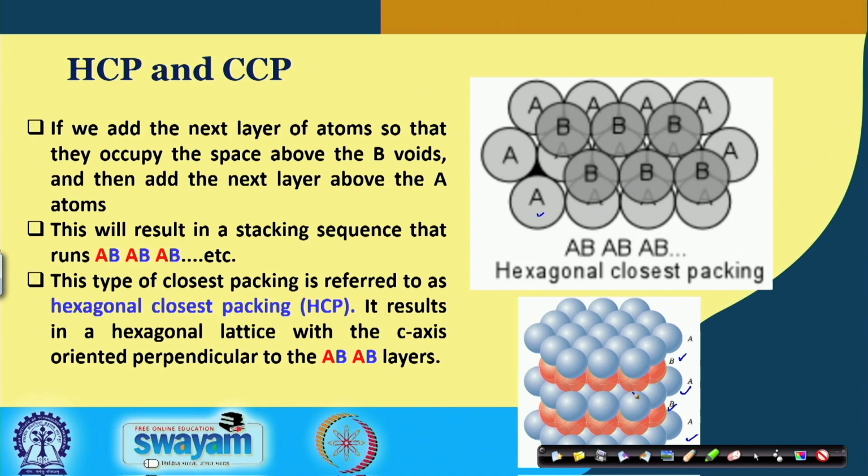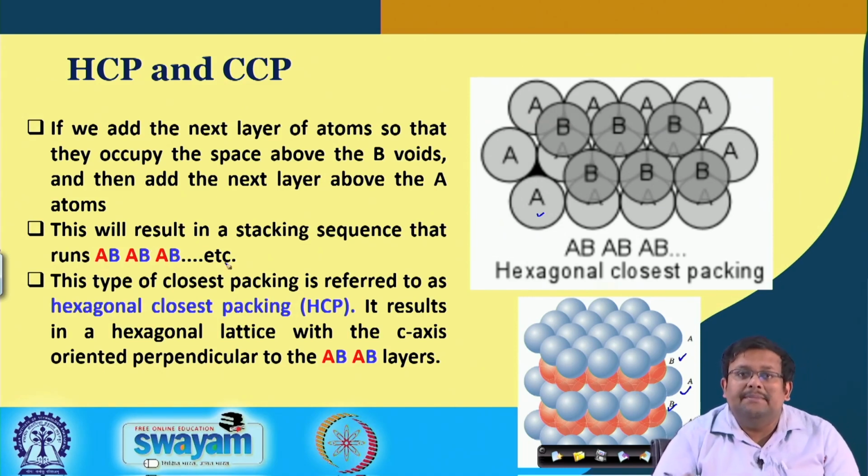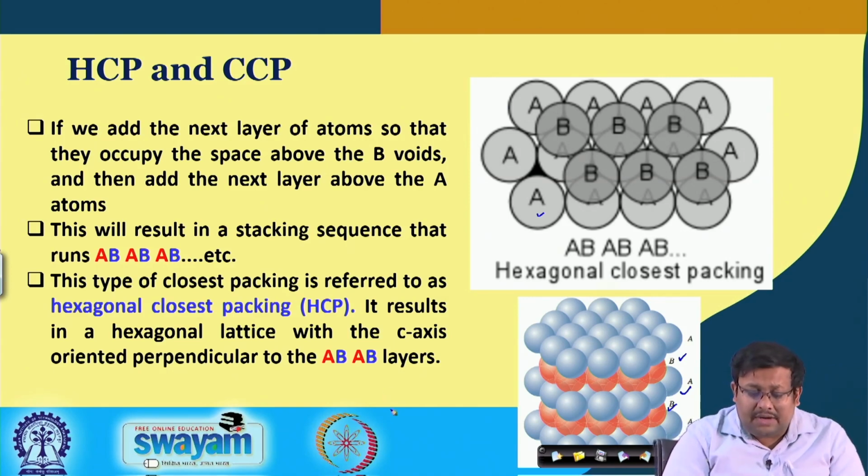So, this type of stacking basically results in a sequence of AB, AB, AB, etc. Sometimes we call it ABA also. So, this type of stacking is known as AB, AB, or sometimes ABA type of stacking.